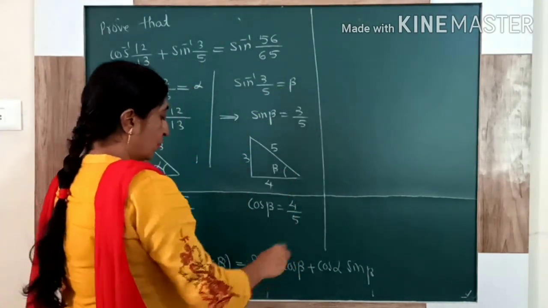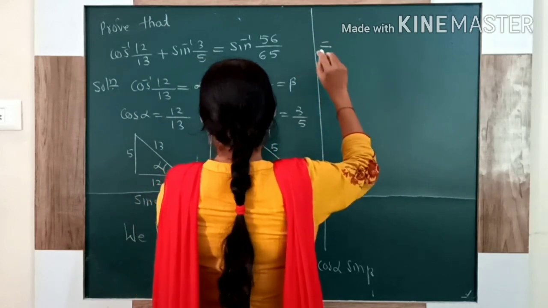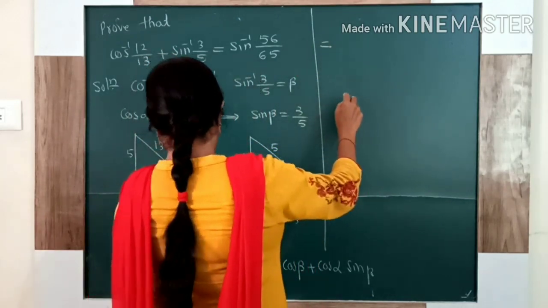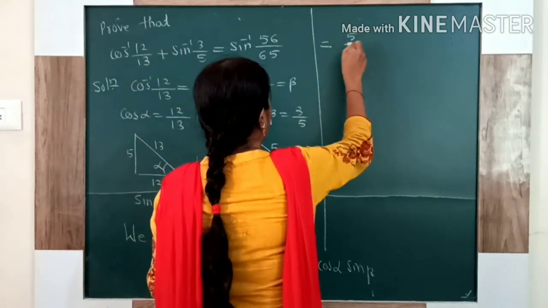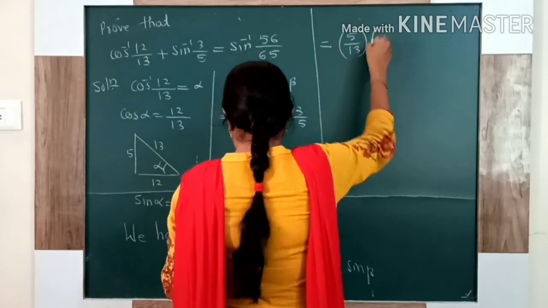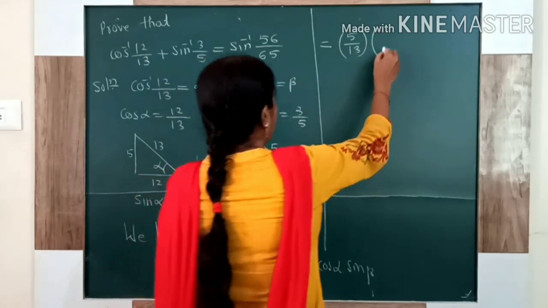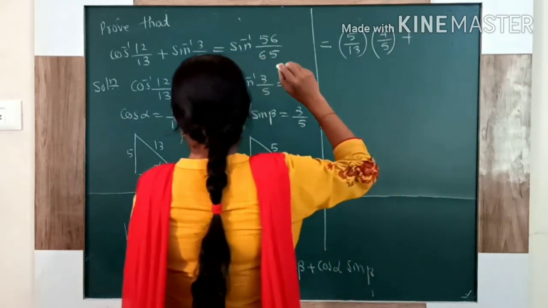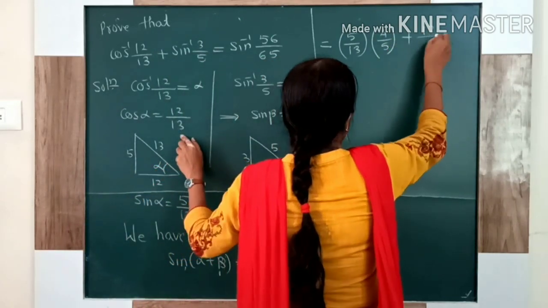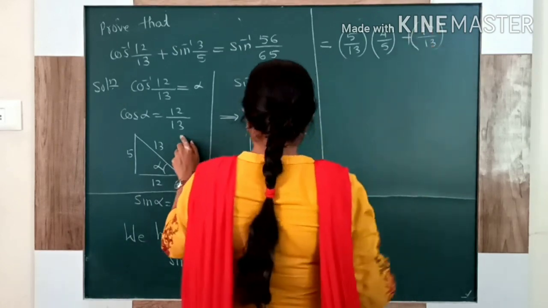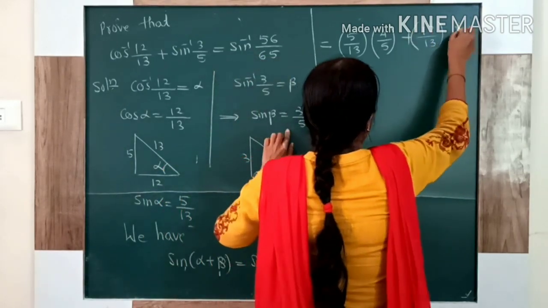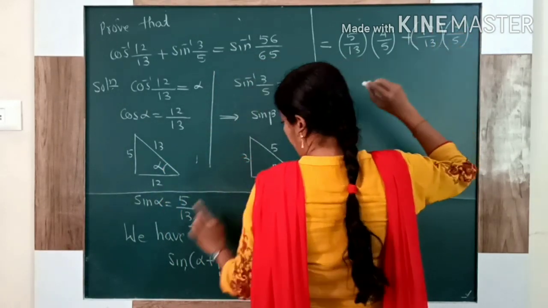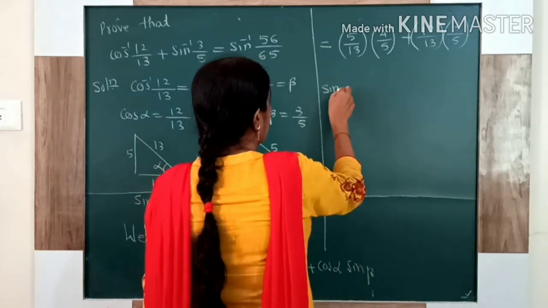Now write down these values. Sin alpha will be 5 by 13 and cos beta will be 4 by 5. In the middle we have a plus. Cos alpha will be 12 by 13 and sin beta will be 3 by 5. Keep the LHS as it is.